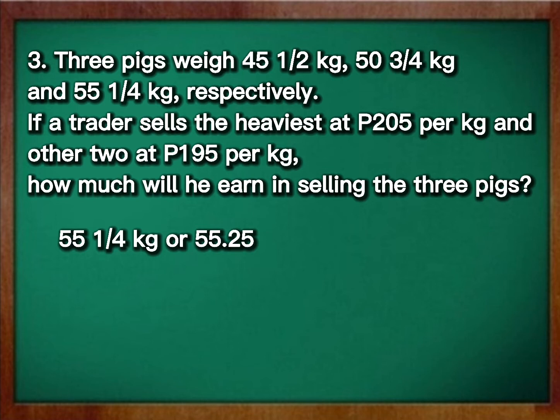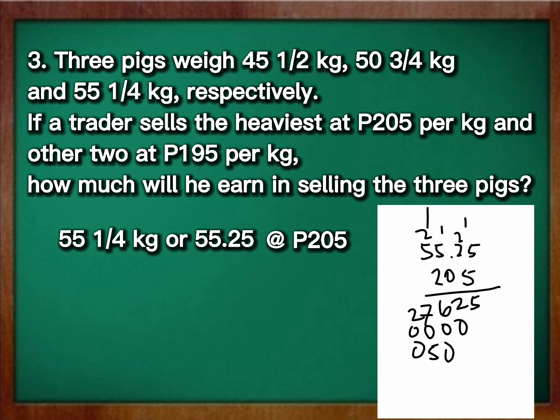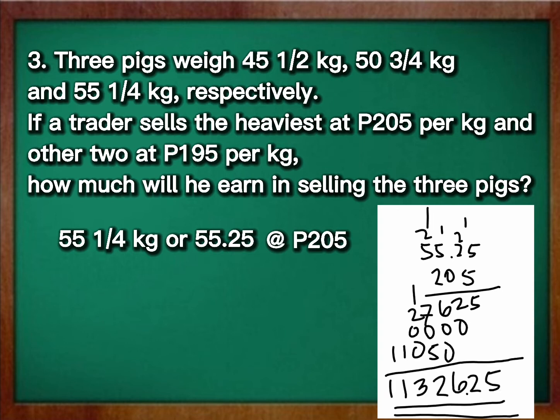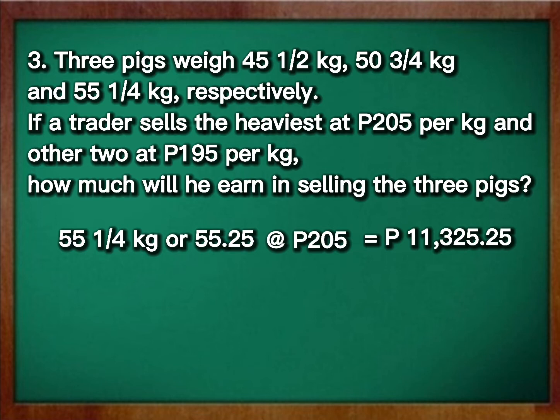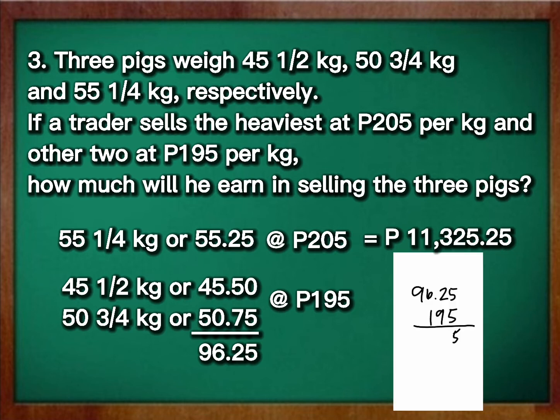Next, you multiply 55.25 by the price per kilogram, which is 205 pesos. So that is 11,326.25. And the other 2 pigs, you can add both because they have the same price. That's 195 per kilogram. 45 and 1/2 is 45.5, and 50 and 3/4 is 50.75, for a total of 96.25 kilograms.